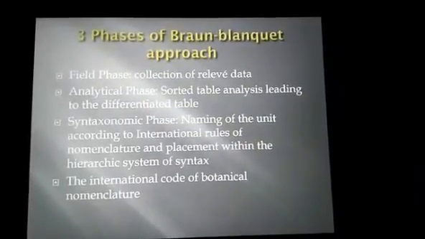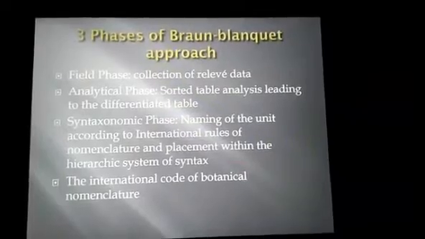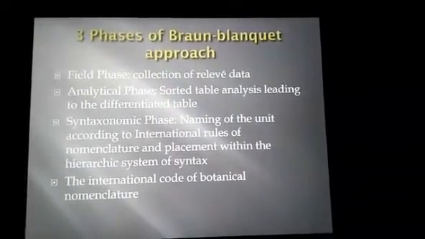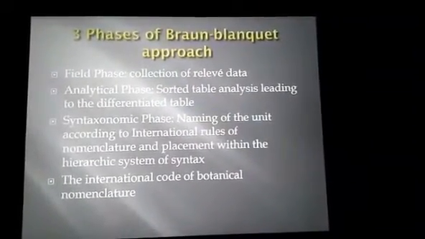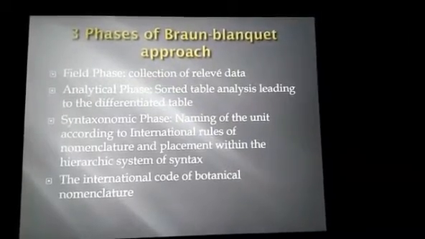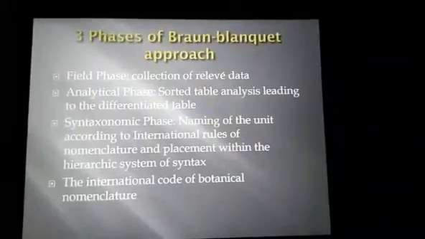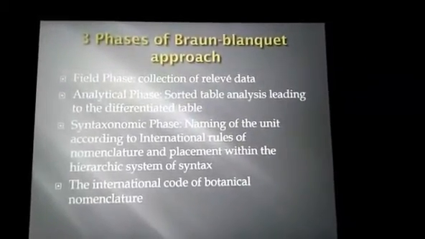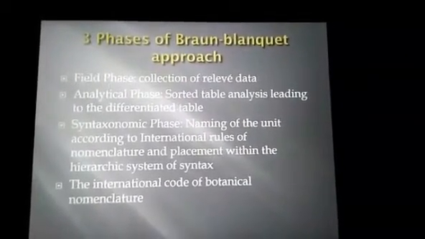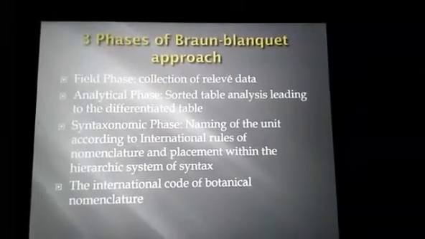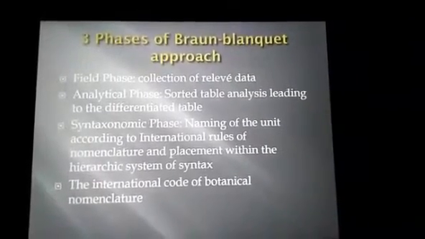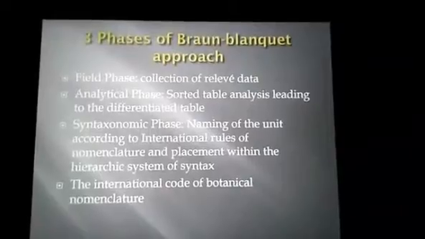And then we have the syntaxonomic phase, which is the last one, which involves the naming of the unit according to the international rules of nomenclature, and also the placement within the hierarchic system of syntaxa. So that is the International Code of Botanical Nomenclature.